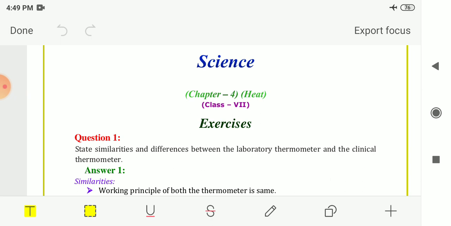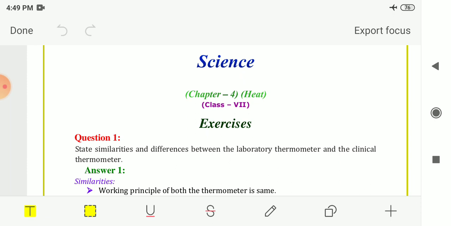Then we had seen normal human body temperature. The normal temperature of the human body is 37 degrees Celsius, and in Fahrenheit scale it's 98.6 degree Fahrenheit. Then we had seen another type of thermometer, that is the laboratory thermometer.